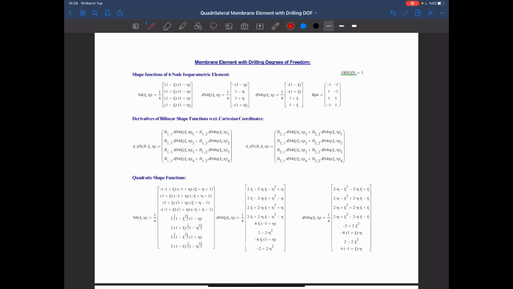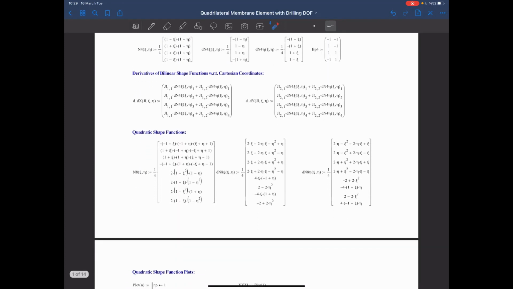Okay, now let's take a look at the implementation of the membrane element with drilling degrees of freedom. Now we start with defining the shape functions for the 4-node isoparametric element. So this is again the bilinear interpolation. Now, different from the previous interpolation, I'm directly calculating the d over dx.